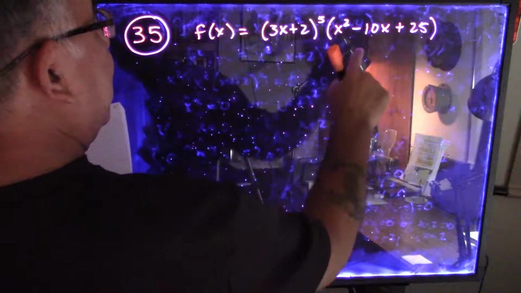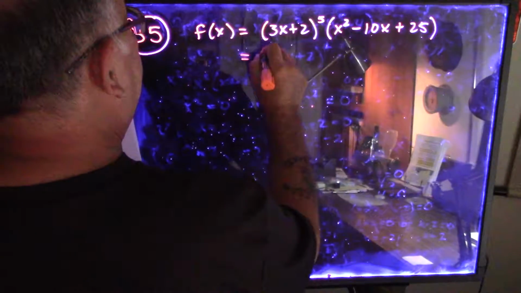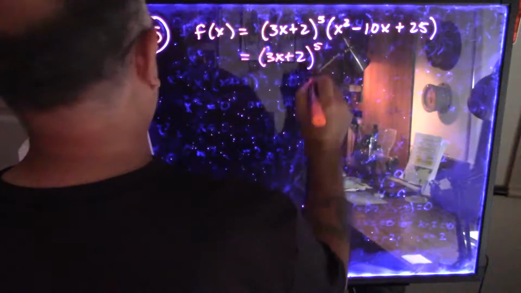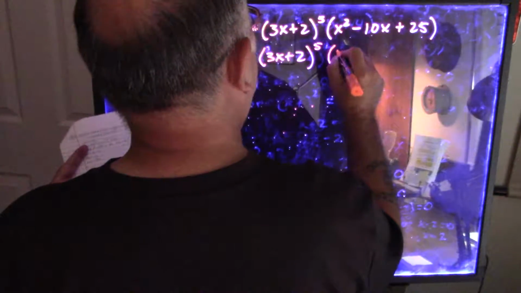Now I suspect this can be factored, and it can be. So this is 3x plus 2 quantity raised to the 5th, and then x minus 5 quantity squared.